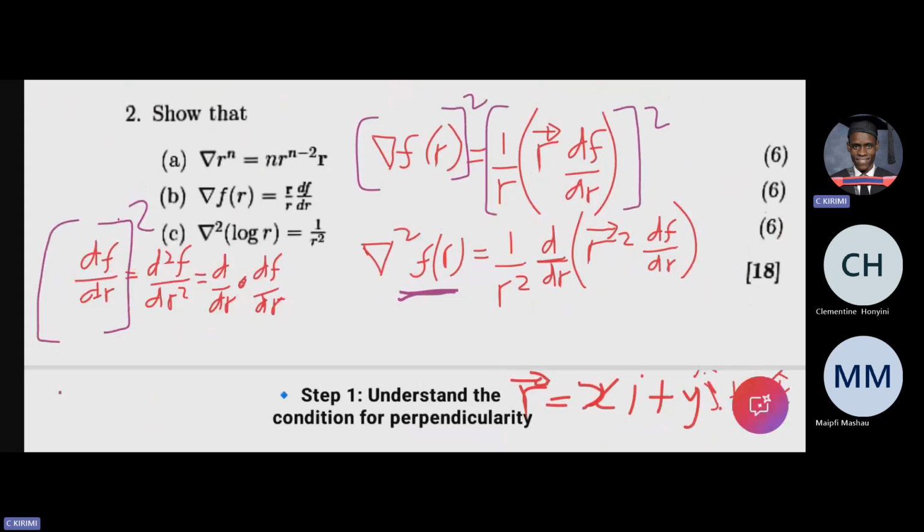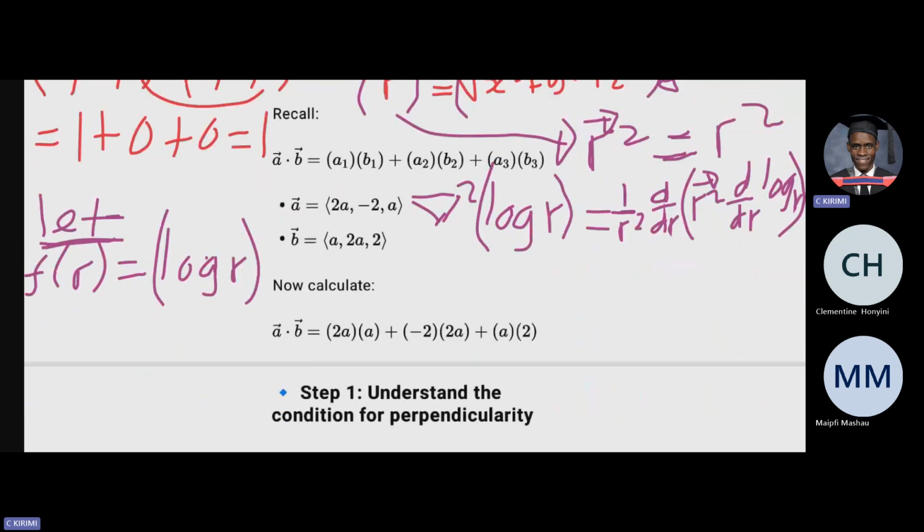Wherever there is f, we are replacing f with log r. Is it clear? Thank you.